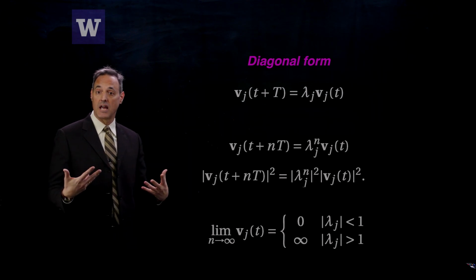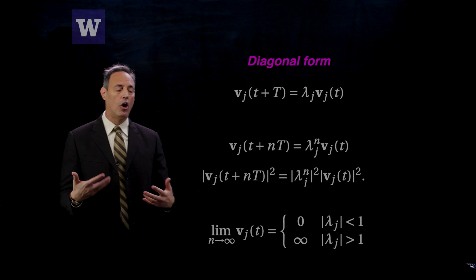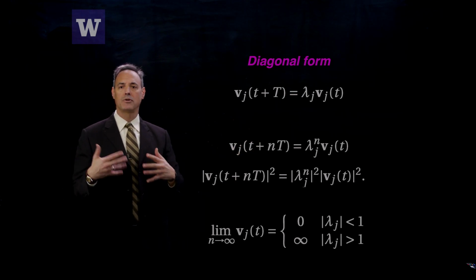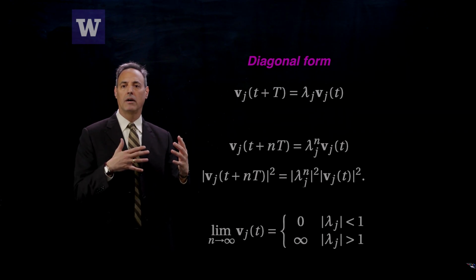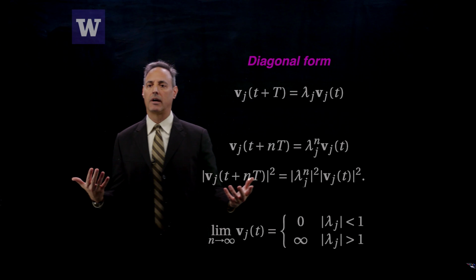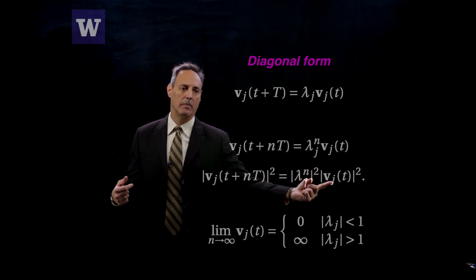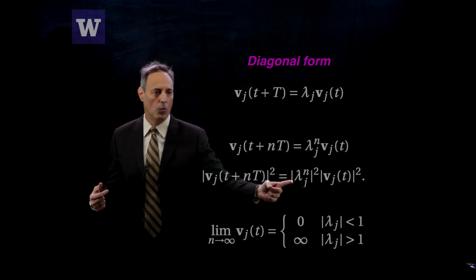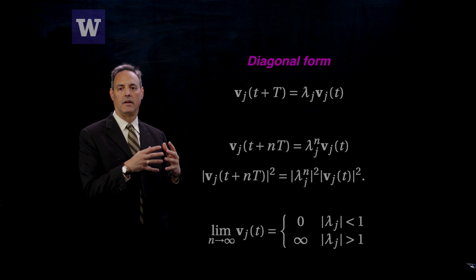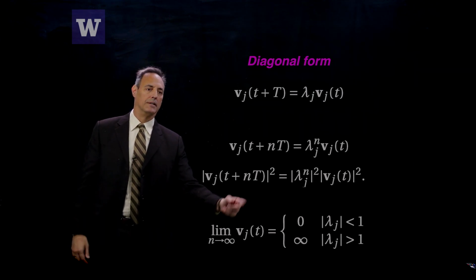And it'll be unstable. So right away, I have my criteria for stability. All I have to do is find those eigenvalues and determine whether their absolute value is bigger or less than 1. If they're exactly 1, then I have exactly a periodic solution, right? If these things are 1 directly, then it just tells you my magnitude of the vector at the initial time is the same as it is way into the future, n periods.